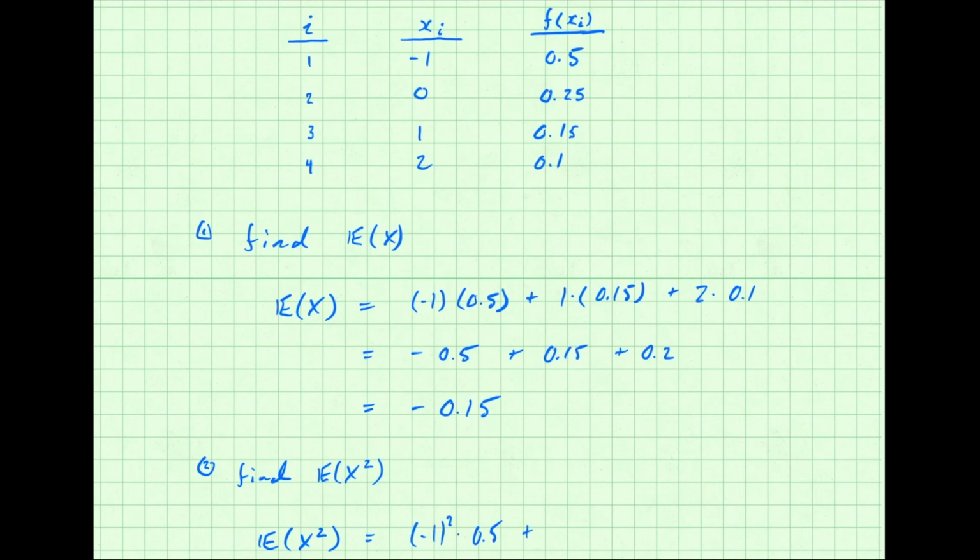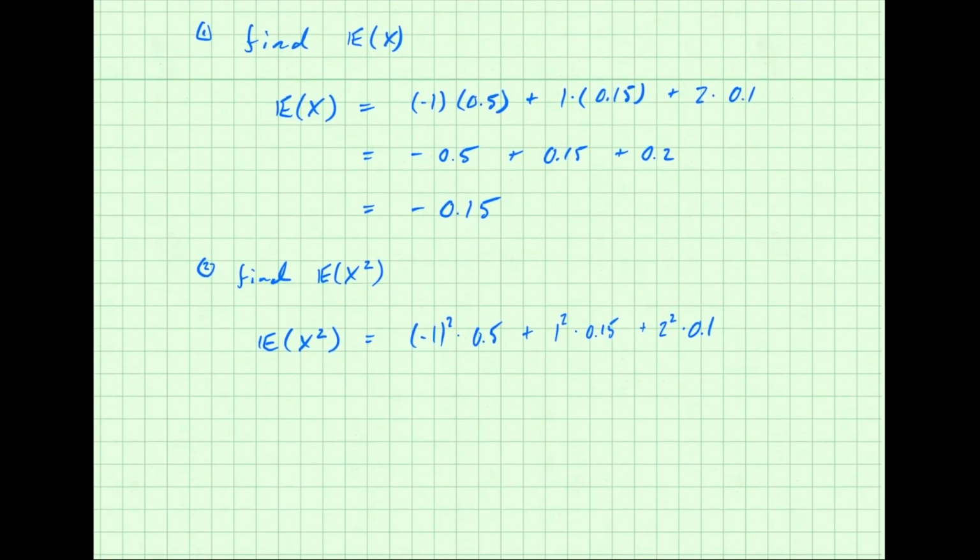Plus 1 squared, I may as well write it, times 0.15. And then plus 2 squared times 0.1. And if you add all these together, you get 1.05. You can check that.